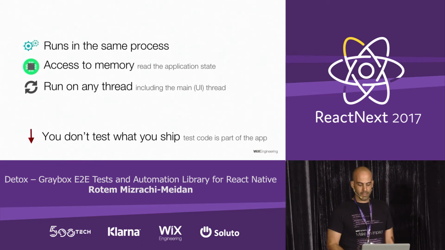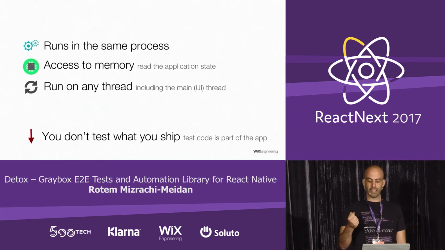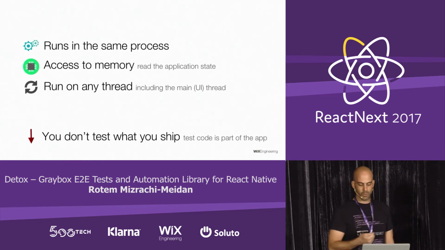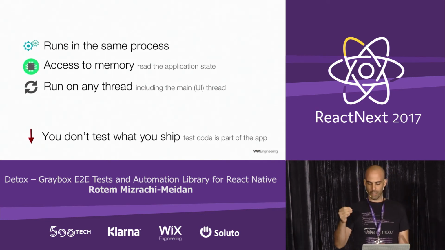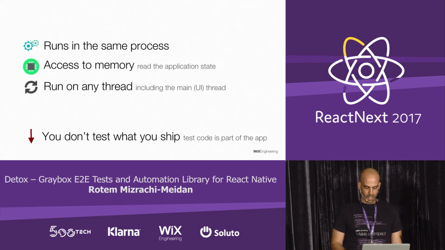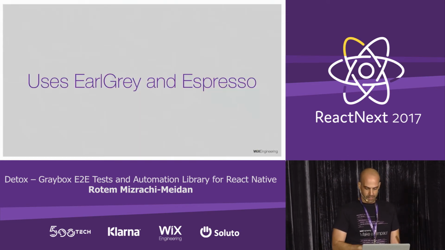It can also execute on the main thread, which means that when it performs an action, we're assured that nothing is going on under it, nothing is changing the UI hierarchy, because it also changes on the main thread. So the main thread just stays put when we do that. But there are also downsides.